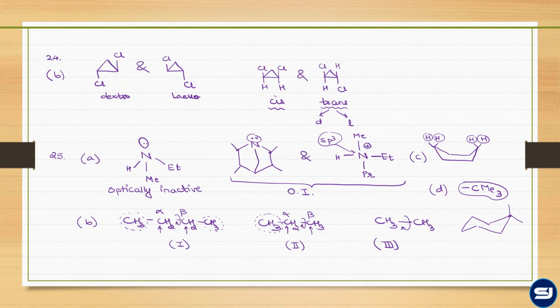Equatorial. क्योंकि axial पे क्या होता है, there are 1 2 3 axial repulsions. ठीक है, तो यहाँ पर H preferred होगा और यहाँ पर CMe3 preferred होगा, मतलब D is also a correct statement. So the correct options are A, B, C, D. All of them are correct. Got it. Yes, sir.